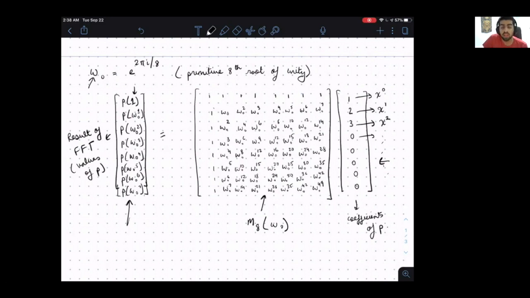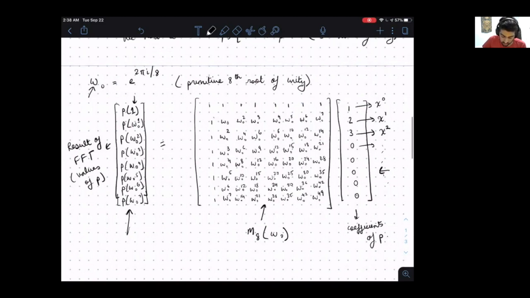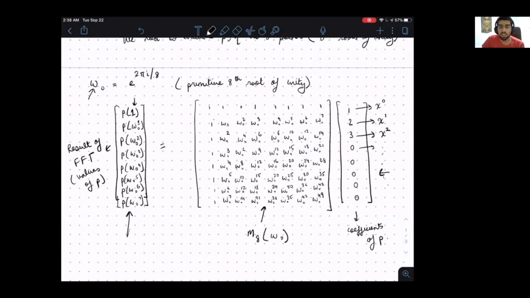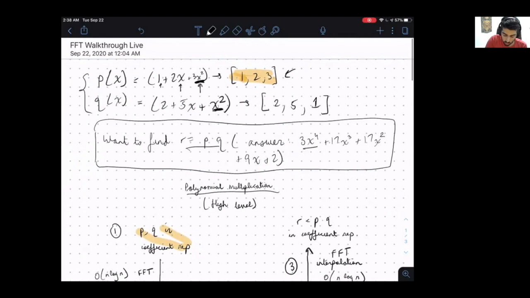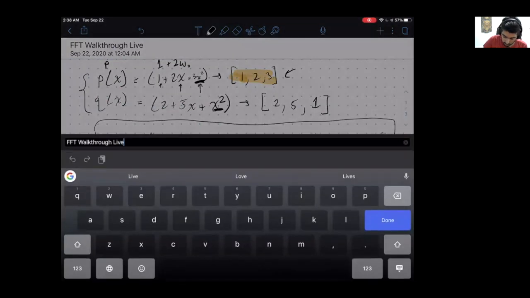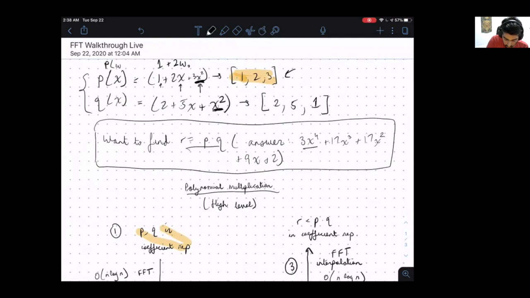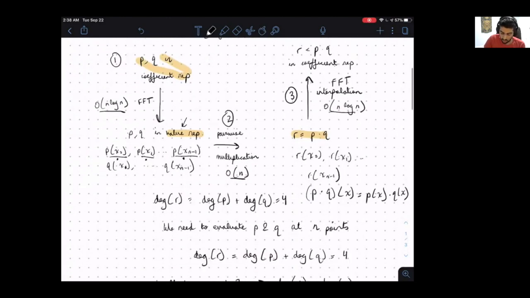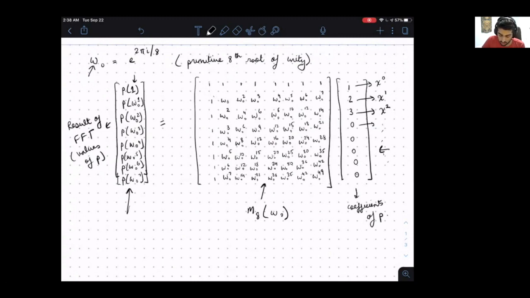And the same thing holds true for the rest of the points. For example, p of omega naught to the 1, which is just p of omega naught. Sorry, this is p of omega naught. This is 1 plus 2 times omega naught plus 3 times omega naught squared, which is exactly what we're getting here.